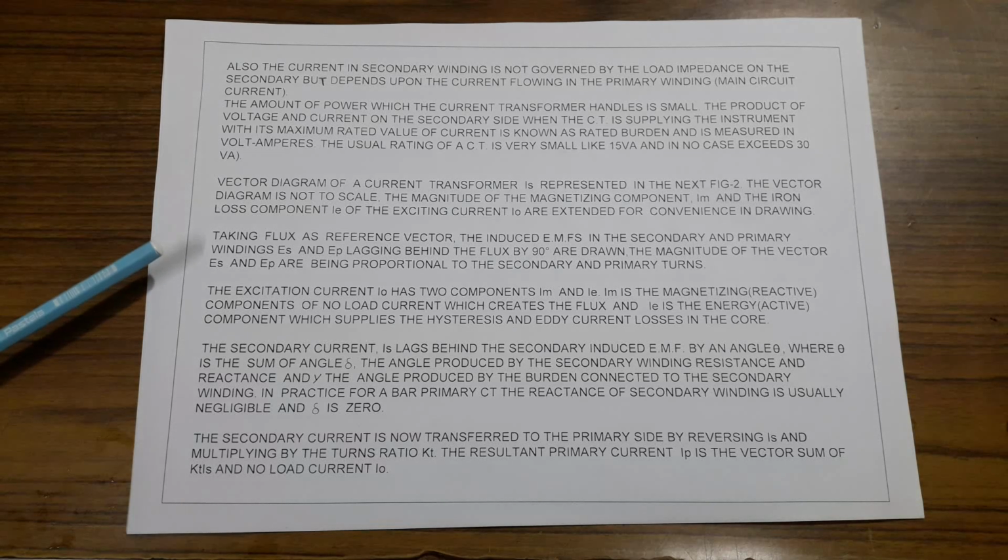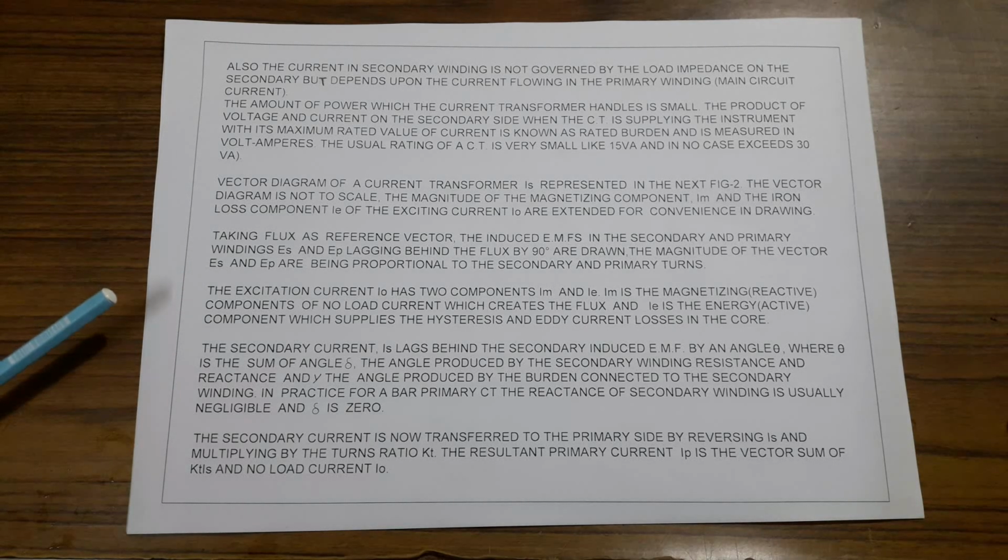Taking flux as the reference vector, the induced EMFs in the secondary and primary windings ES and EP, lagging behind the flux by 90 degrees, are drawn. The magnitudes of the vectors ES and EP are proportional to the secondary and primary turns.